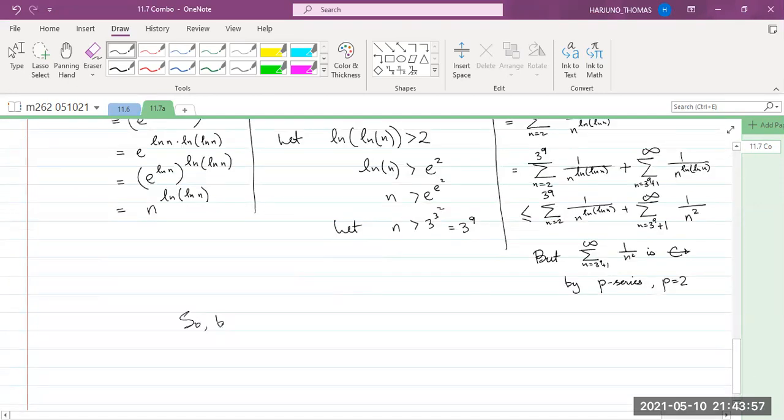So by comparison test, the series from 2 to infinity of 1 over natural log of n to the power of natural log of n is convergent.